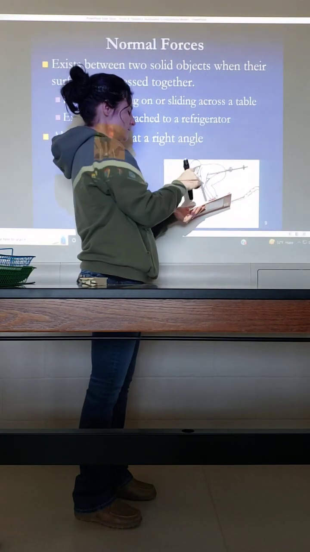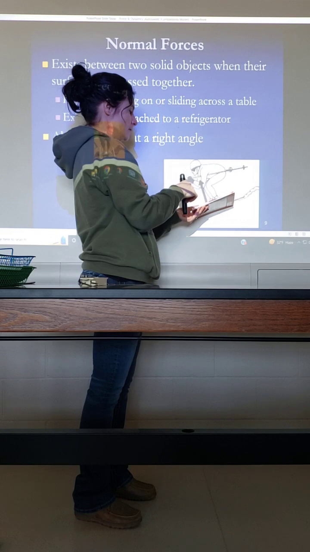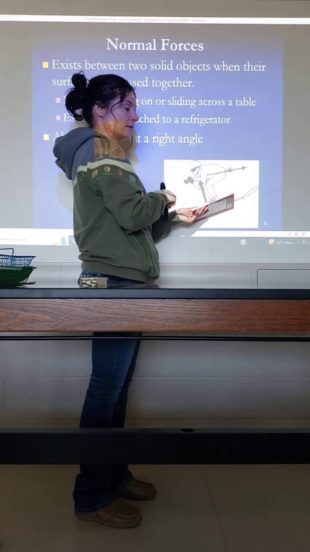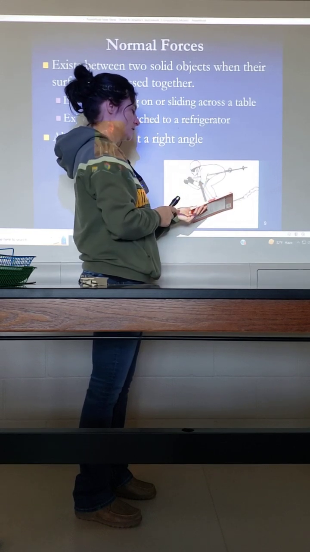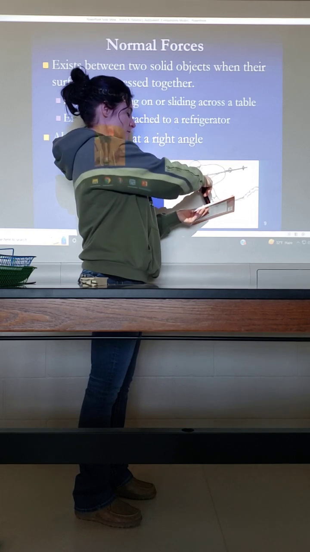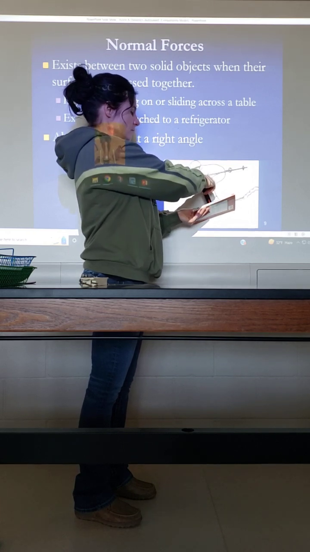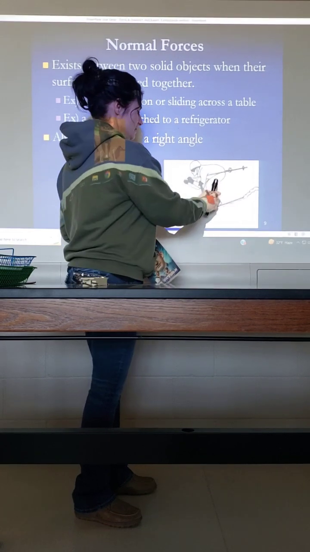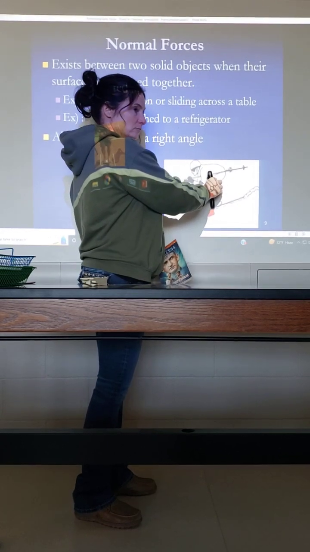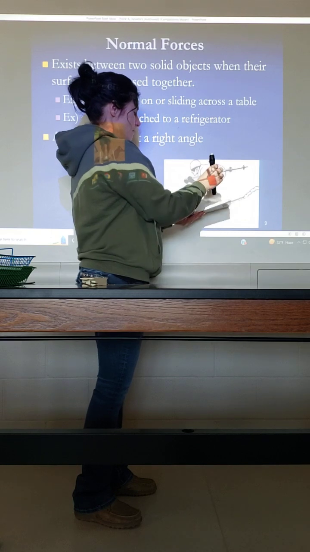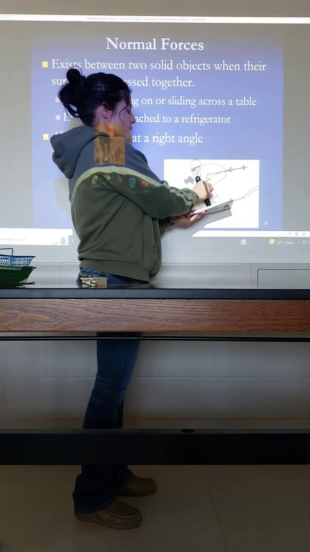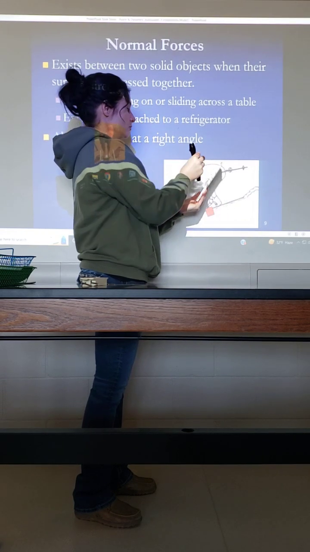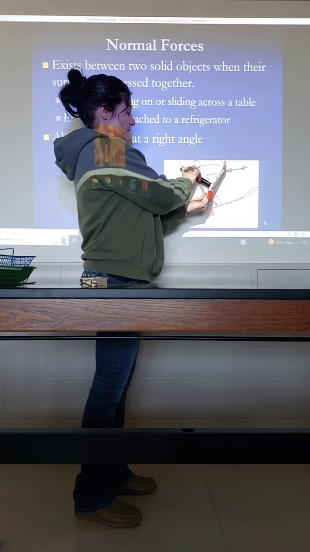This is my angle, this is my slope, this is my ground, it's a solid object. Well, the skier is a solid object. His skis are in contact with that. This is going to be the angle of the normal force. Is it exactly vertical? No. It is going to be perpendicular, making a perfectly right angle with the ground. So if the ground was like this, then this would be the normal force.